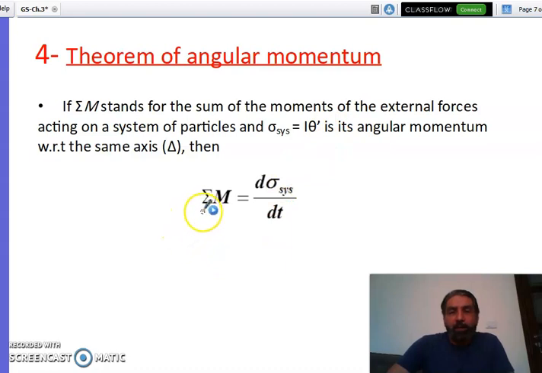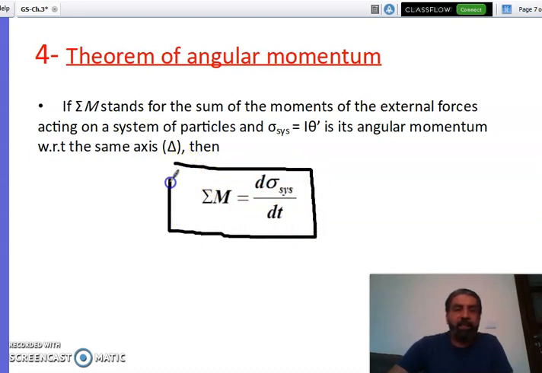So the sum of moments is equal to the derivative of the angular momentum of this system with respect to time. This is the theorem of angular momentum. You can also say the derivative d sigma by dt equal sigma prime, as in mathematics, for the whole system. Clear?